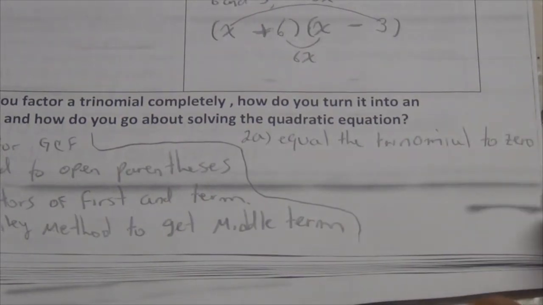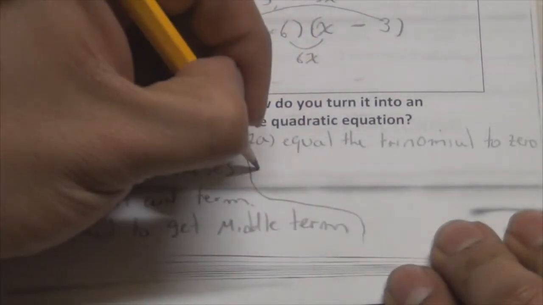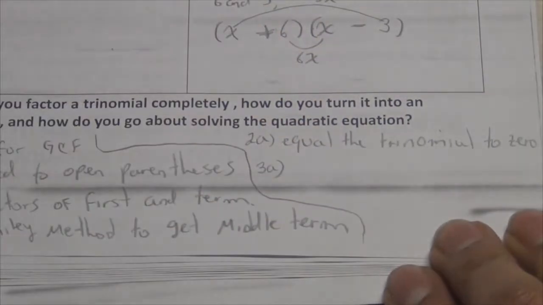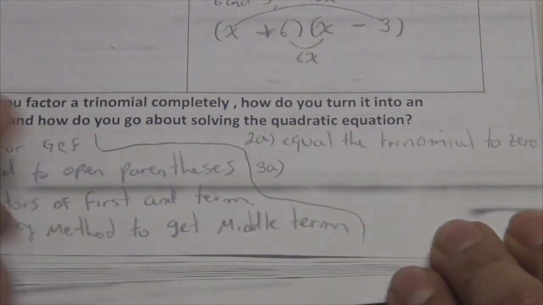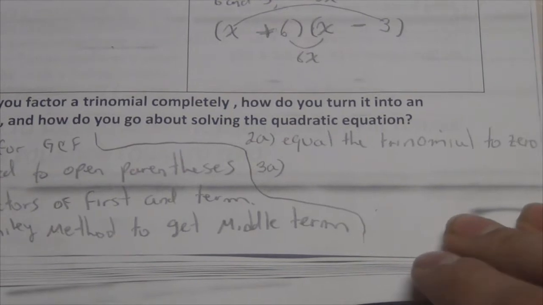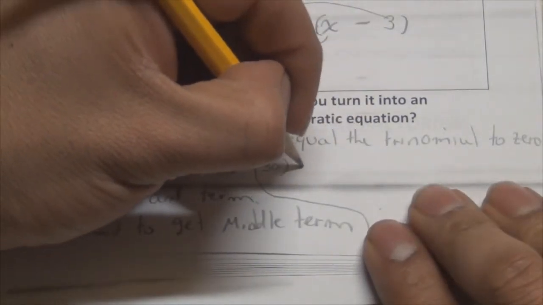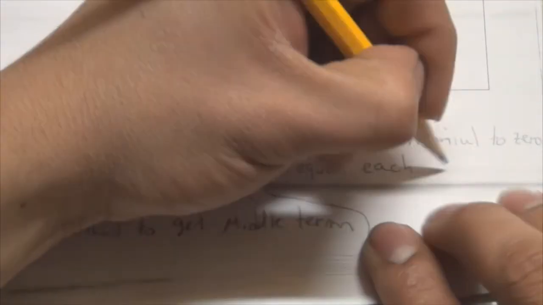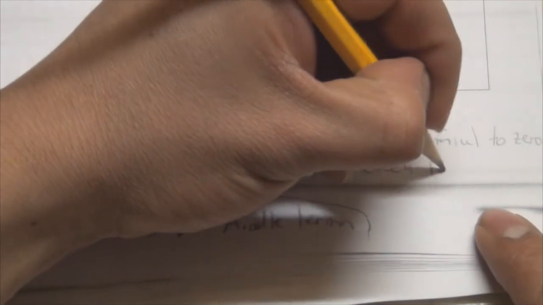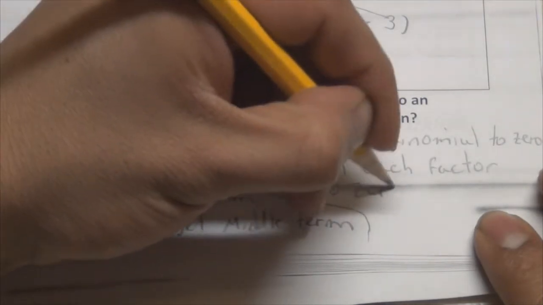Okay. And how do you go about solving the equation? Well, that would be 3A, right? That's the other question. Once you equal it to 0, you still follow the same process as factoring. And last but not least, you gotta equal each factor to 0.